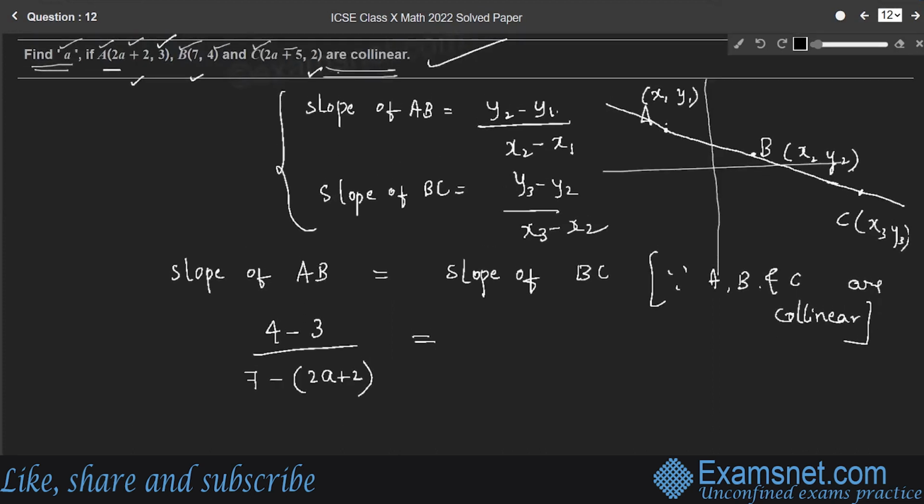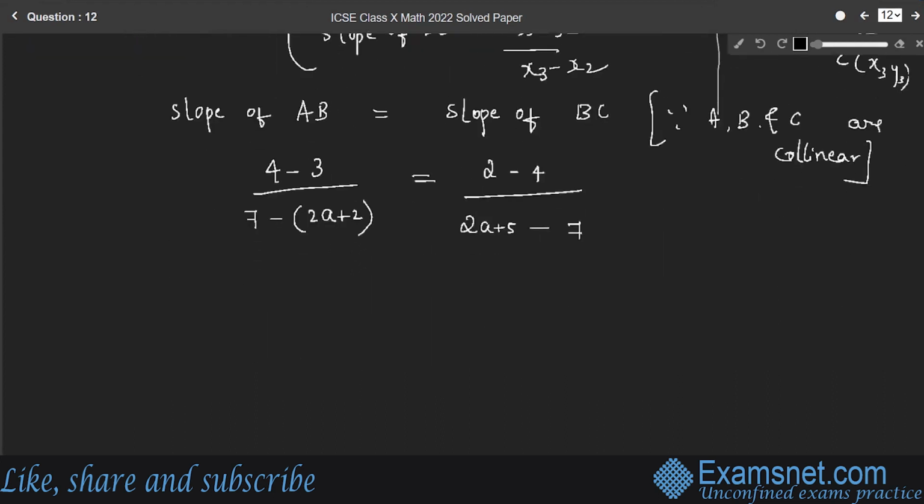Here y3 is 2 minus 4, divided by x3, which is 2a plus 5, minus x2, which is 7. So find the value of a.